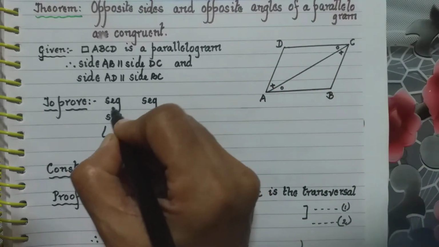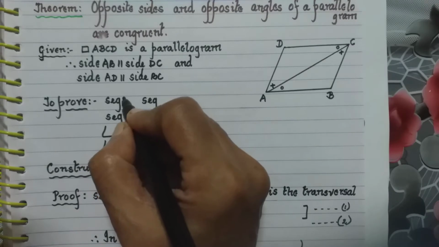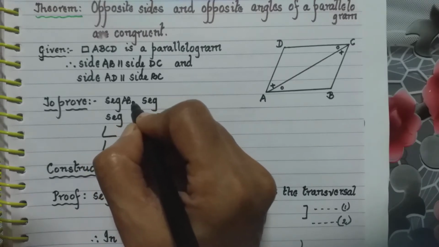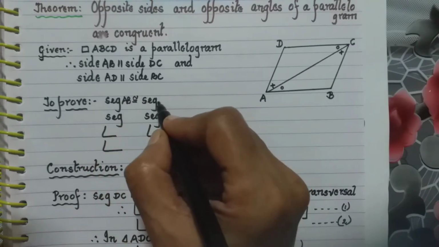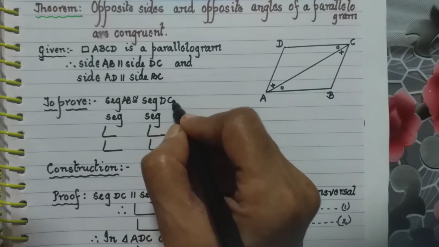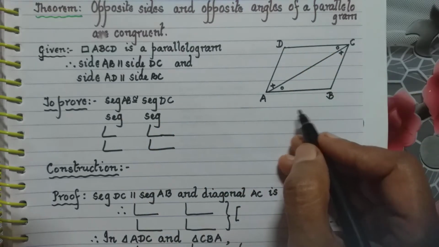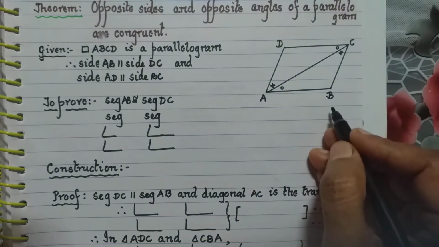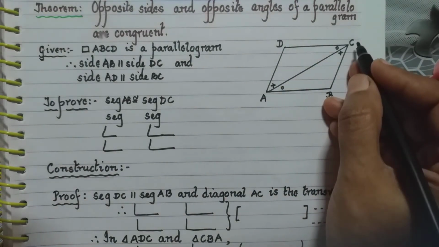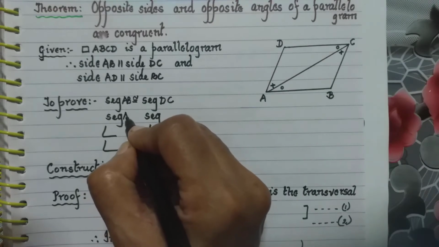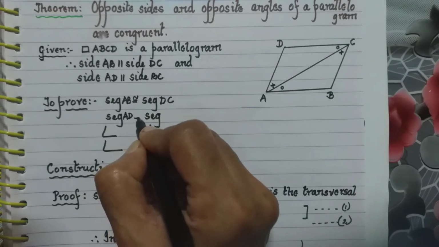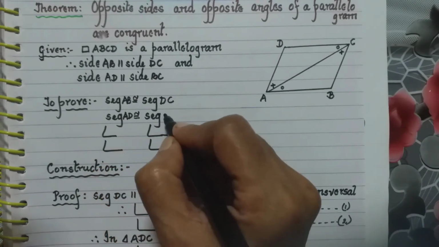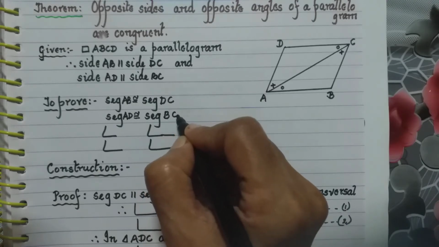So we write here, to prove: segment AB is congruent to segment DC. That is one pair of opposite sides. The other pair, segment AD, is congruent to segment BC.